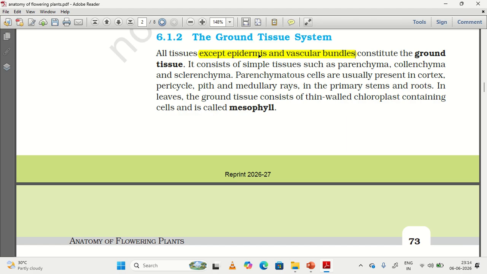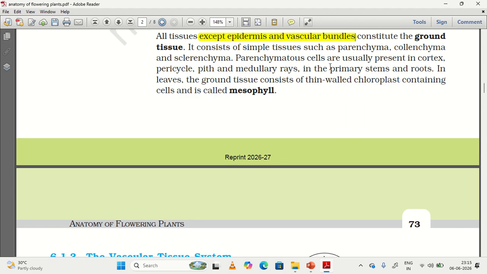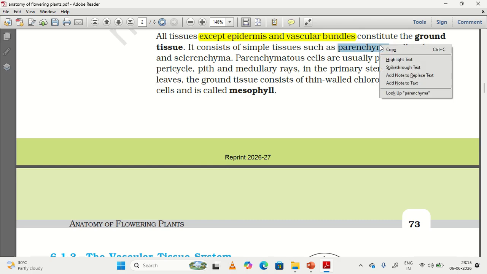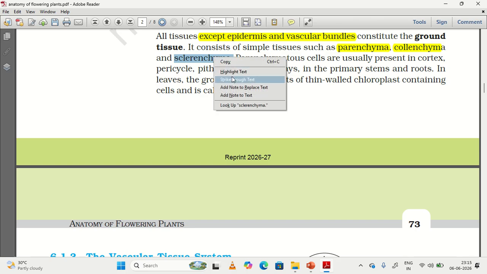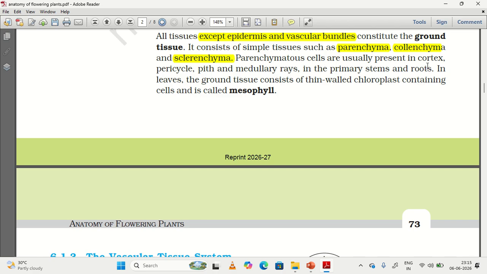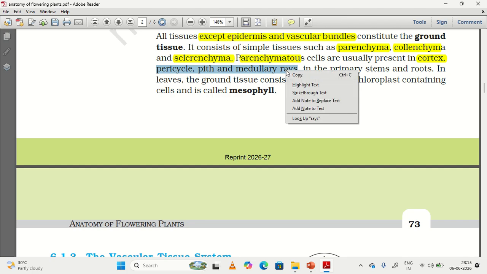It consists of simple tissues such as parenchyma, collenchyma and sclerenchyma. Parenchymatous cells are usually present in the cortex, pericycle, pith and the medullary rays.